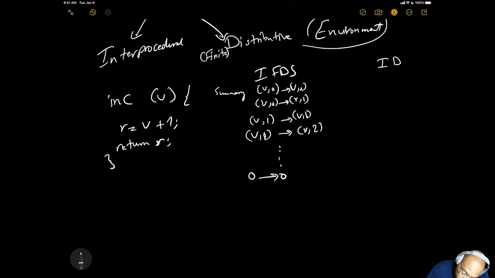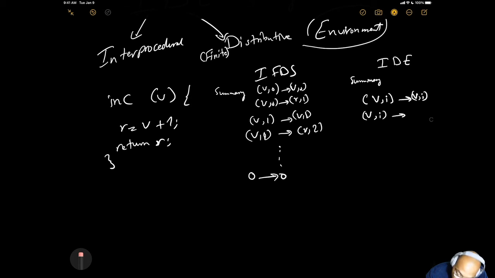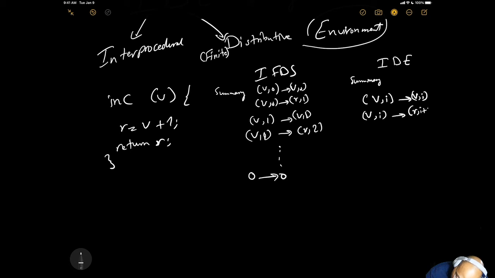In IDE, what we are looking for is how can we abstract from all these summaries to one single summary that basically says the following. v of I goes to v of I, whatever that I is, and v of I would be mapped in the new environment to I plus 1, and 0 again is going to be mapped to 0.